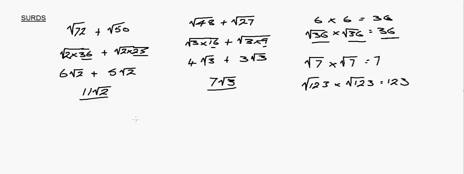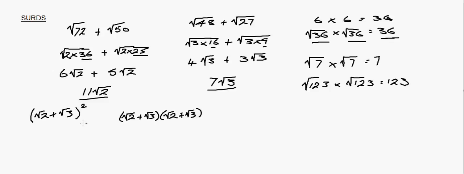So if we have, for example, 2 brackets, so we have a bracket, a bracket, a bracket and a bracket. So if I have root 2 plus root 3 multiplied by root 2 plus root 3. Okay, so you can see these brackets are identical. Now they could write this as root 2 plus root 3 all squared.